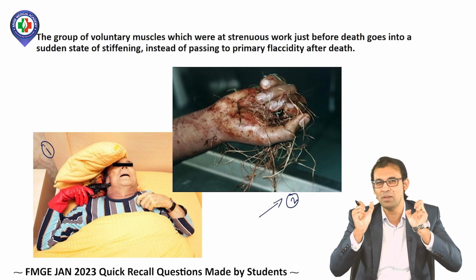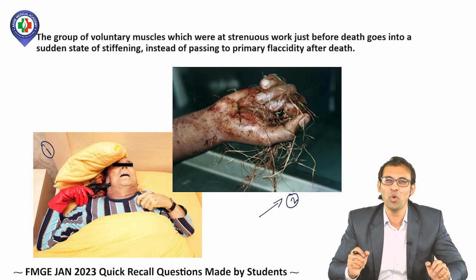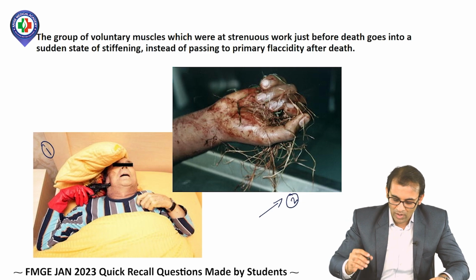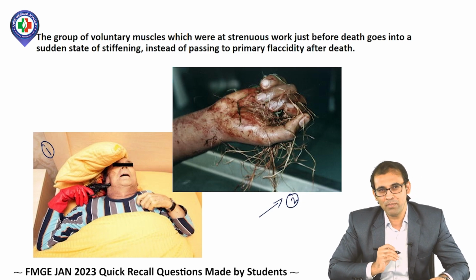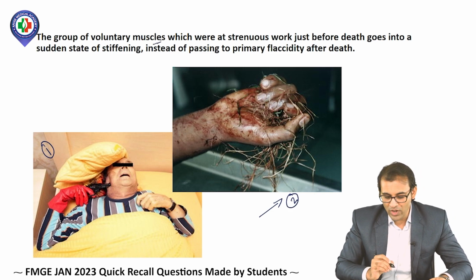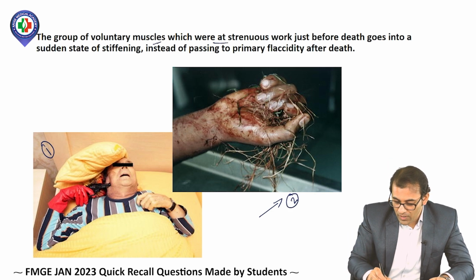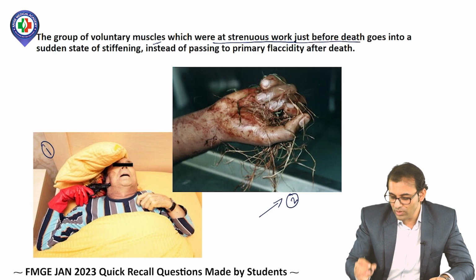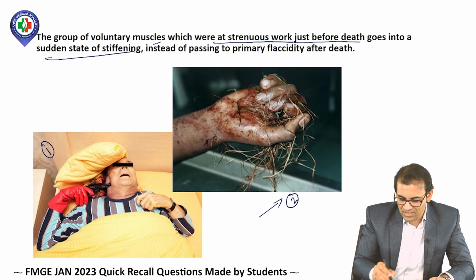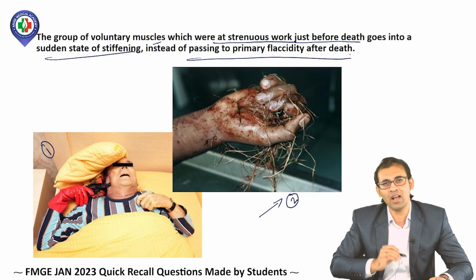He wanted to hold something, but during the drowning, he could hold only some plants or weeds, right? So always remember that the group of voluntary muscles which were at strenuous work just before the death goes into a sudden state of stiffening instead of passing to primary flaccidity after death.